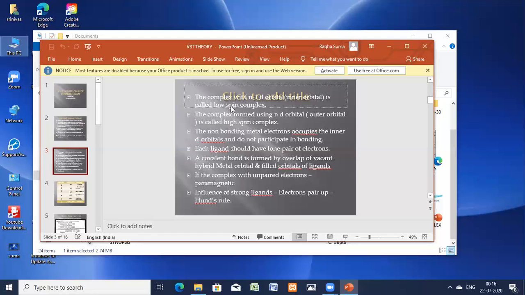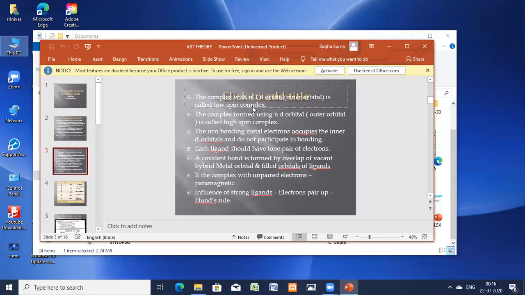Whatever complex is formed, that is low spin and it is a strong field complex. So with the n-1 inner orbital, the low spin complex is formed, and low spin is nothing but a strong field complex.